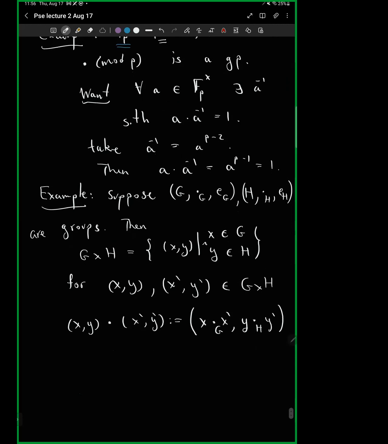And the unit element E of G times H, I simply define as you take E, the unit element of G, and the unit element of H in the second coordinate. This is, of course, an element in the Cartesian product.